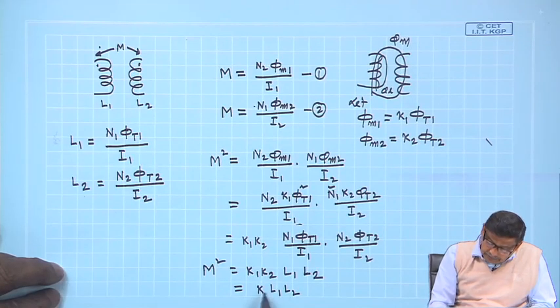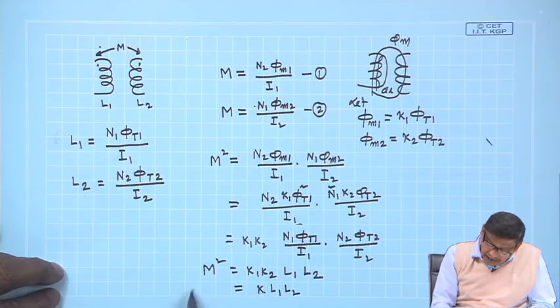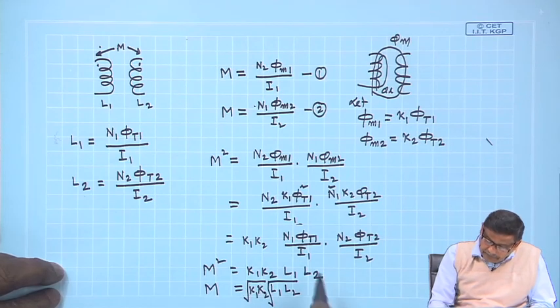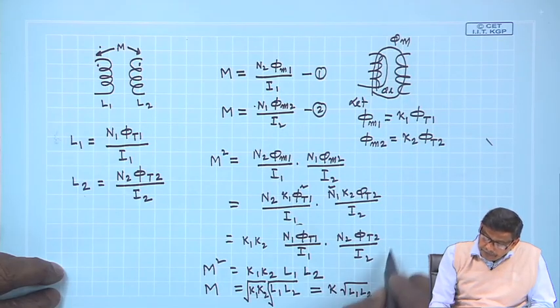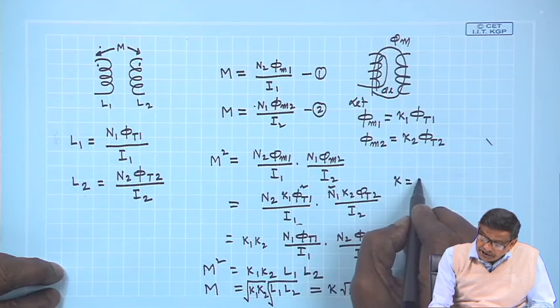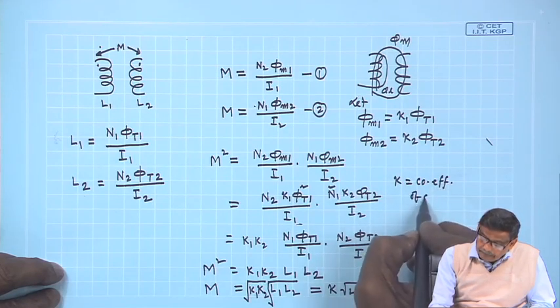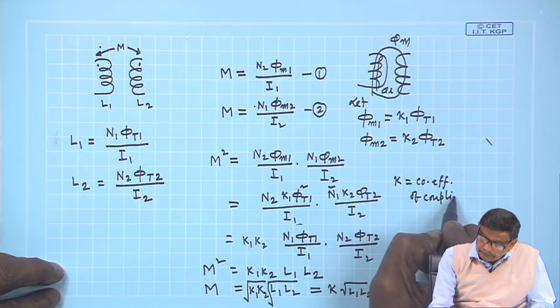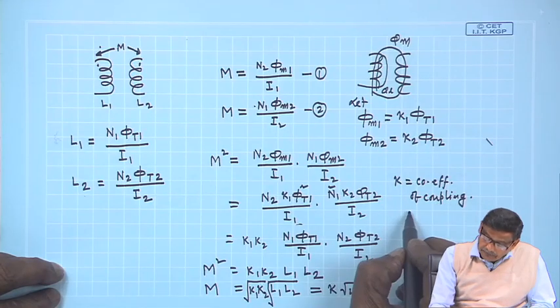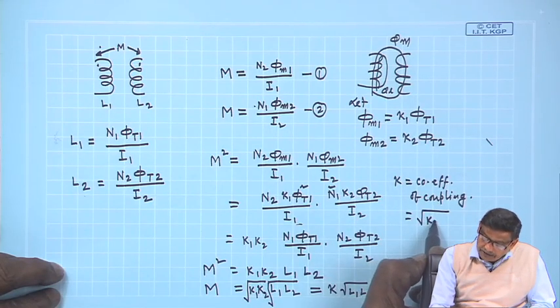So, M will be the square root of K1 K2 times the square root of L1 L2. Now, this is expressed as K into root over L1 L2. So, K is called the coefficient of coupling, which is equal to root over K1 K2.